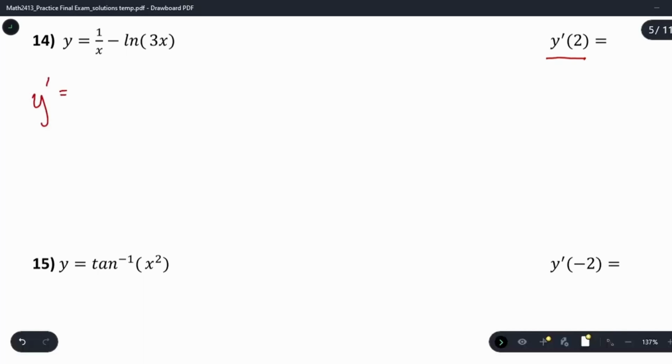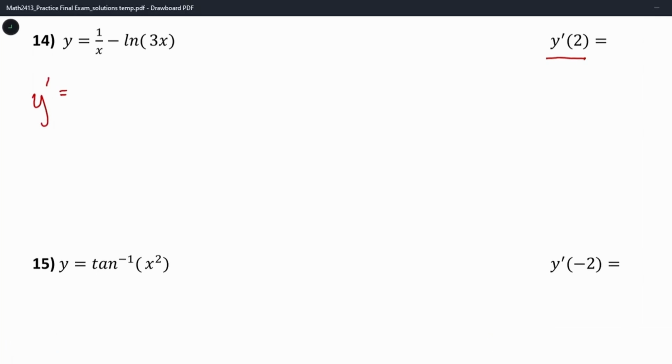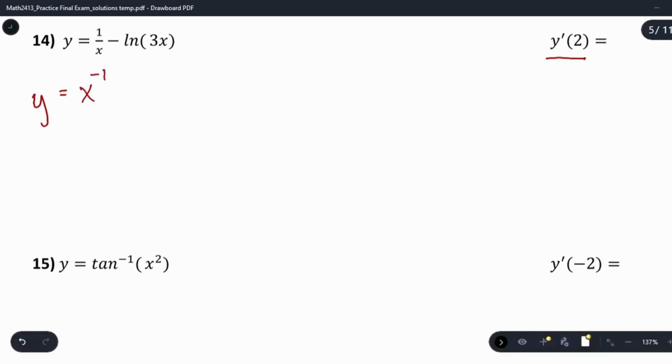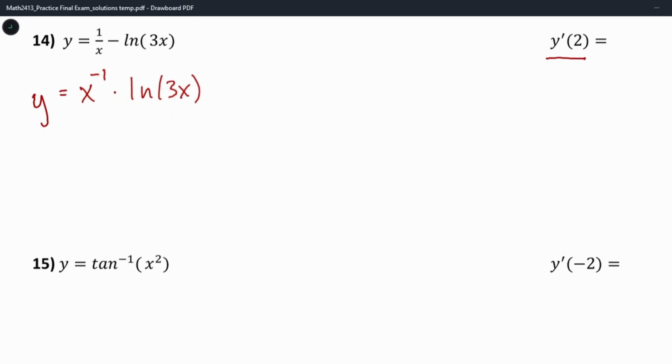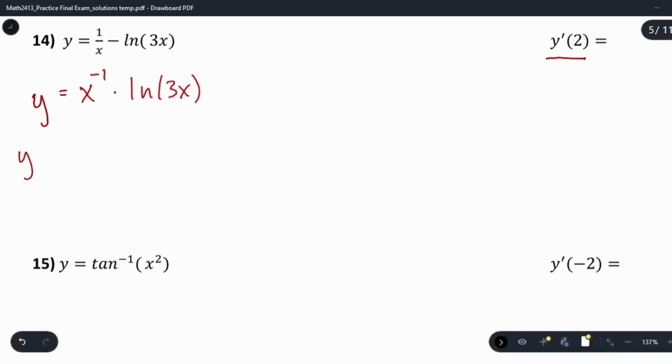The derivative of 1 over x. What we should do first is rewrite that as x to the negative 1 times natural log of 3x, and that'll make it a lot easier to take the derivative using the power rule.